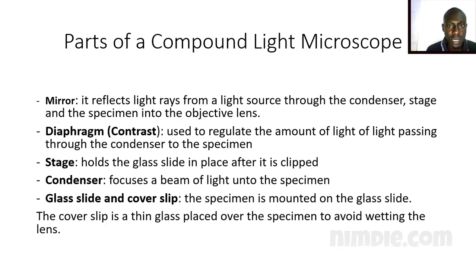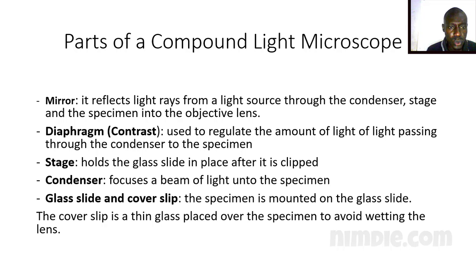Parts of a compound light microscope. It has a mirror which reflects light rays from the light source through the condenser, the stage, and the specimen into the objective lens. It has a diaphragm, also called a contrast, which regulates the amount of light that passes through the condenser to the specimen.